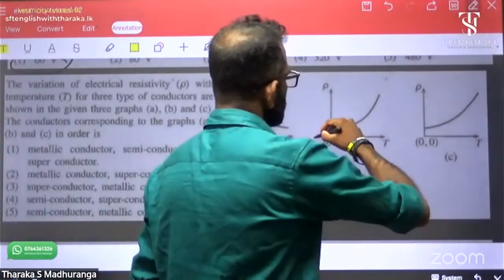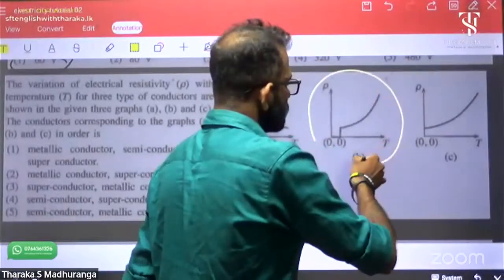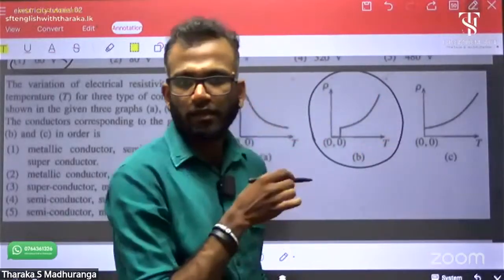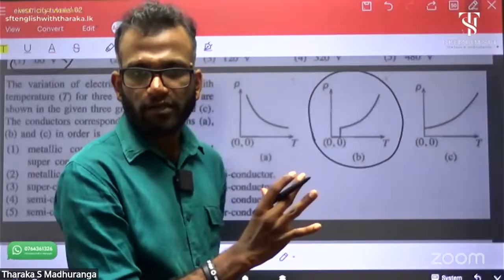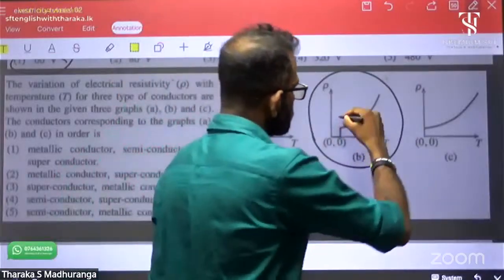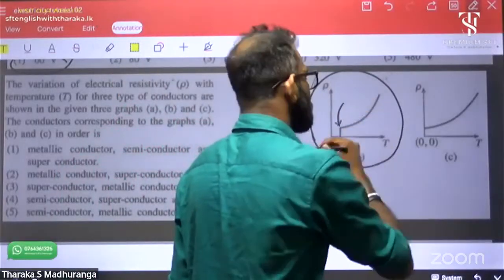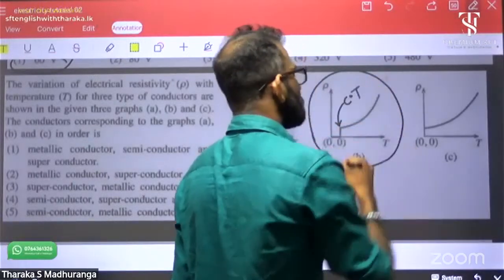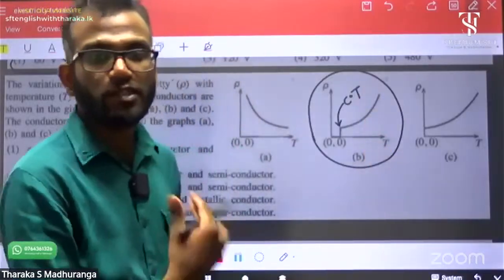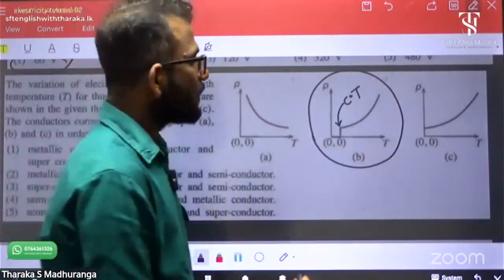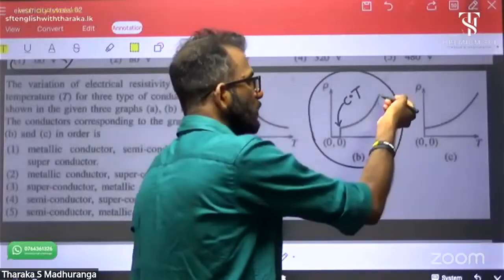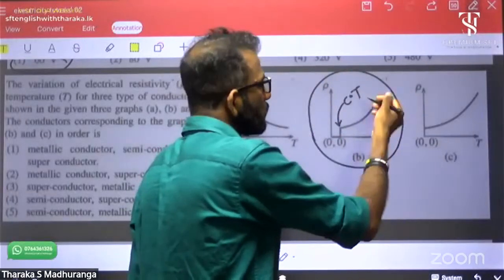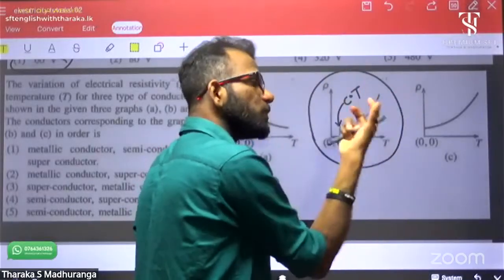Now you already know, according to the theory lesson, what is this? They are superconductors. This temperature we call the critical temperature, or transition temperature. Normally, if you can remember, superconductors are special conductors.